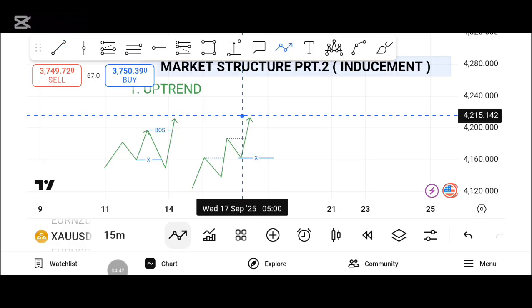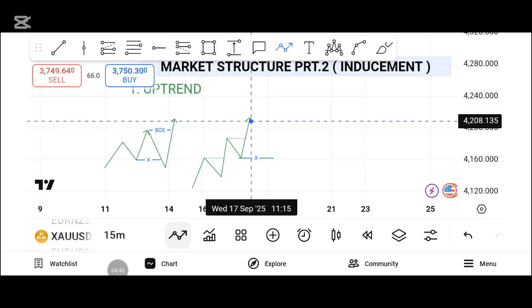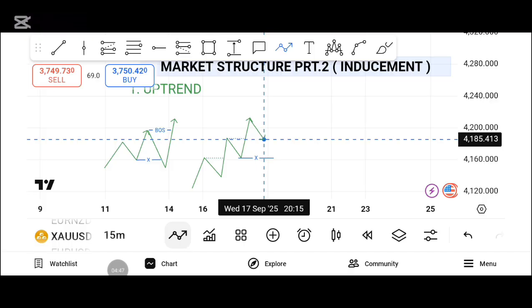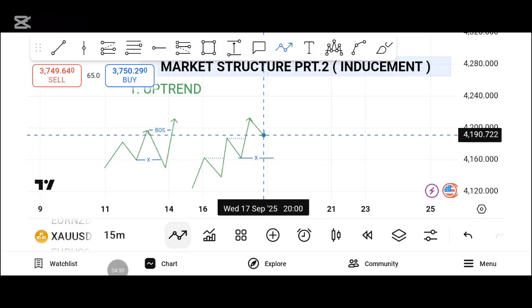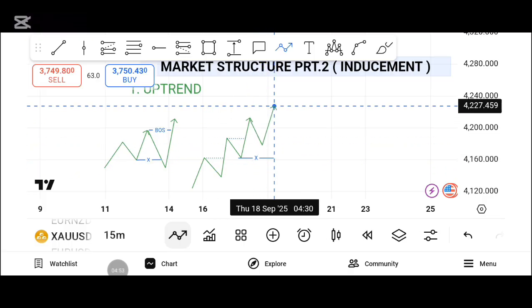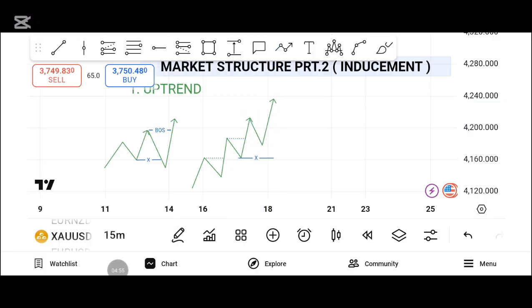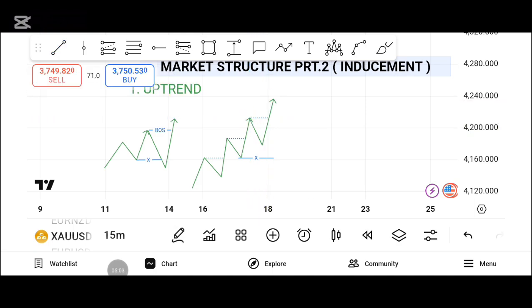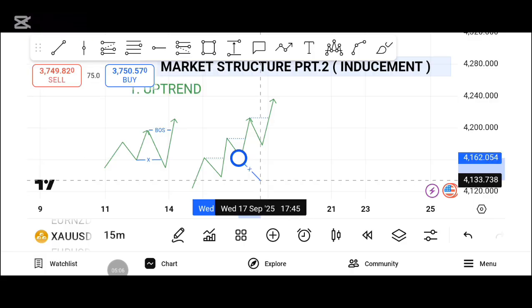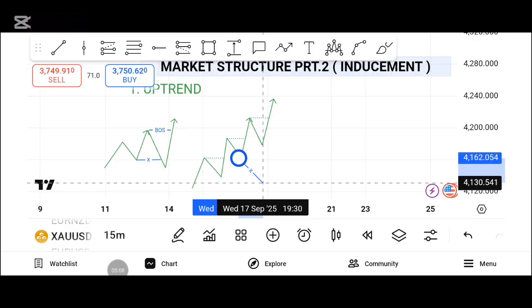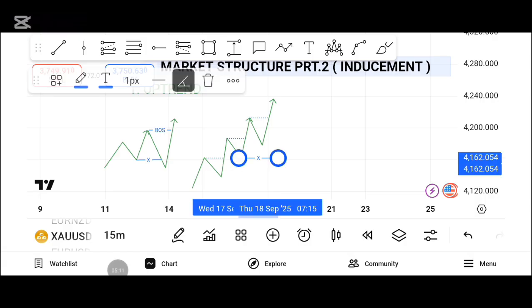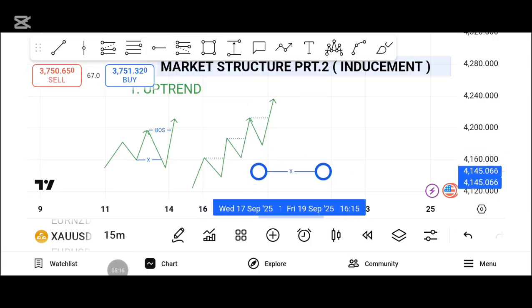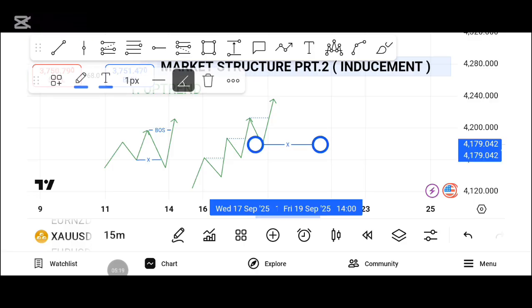So at this point now, if price also retraces back again without taking out this low and gives us a new high again, and breaks this new high again, your inducement will now transfer from here to this point.